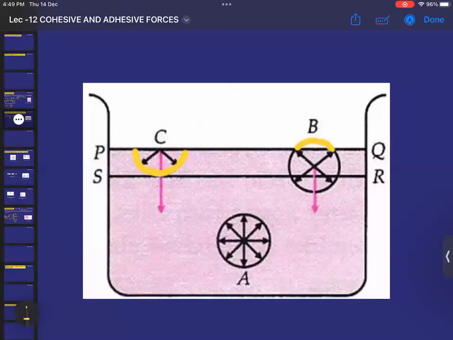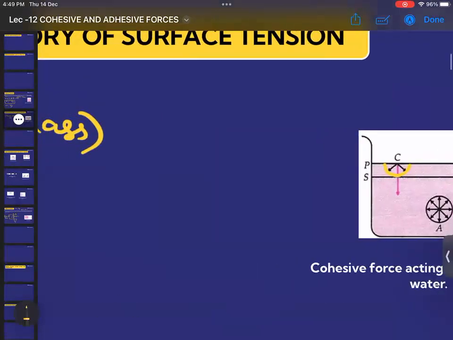There is no other particle at the top which is trying to pull particle C. So the major force it is experiencing is in the downward direction, as a result of which it will have more force acting on it and more energy associated with it. And that is the molecular theory of surface tension.